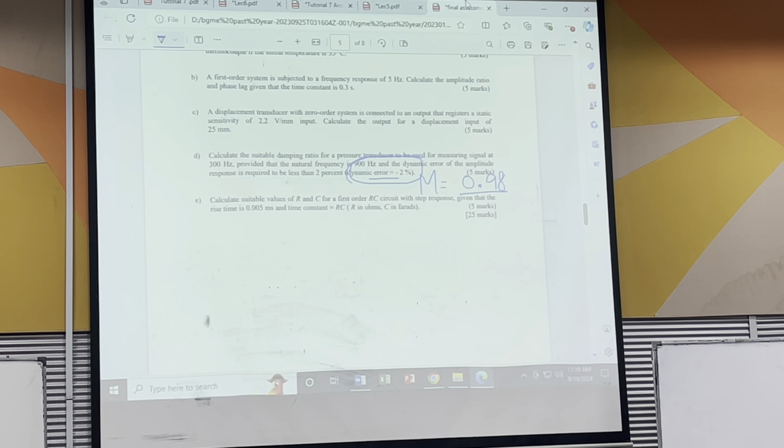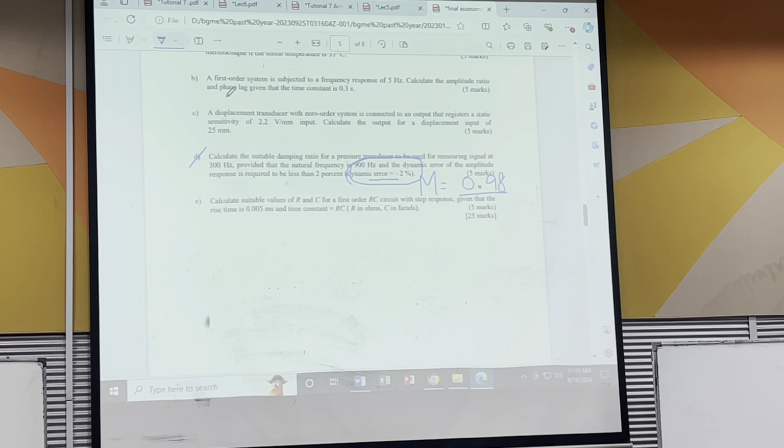We are working on second order, right? But I think it's still the same. Your dynamic error is always equal to M minus 1, isn't it? Oh, it's always in first and second also using the same formula.